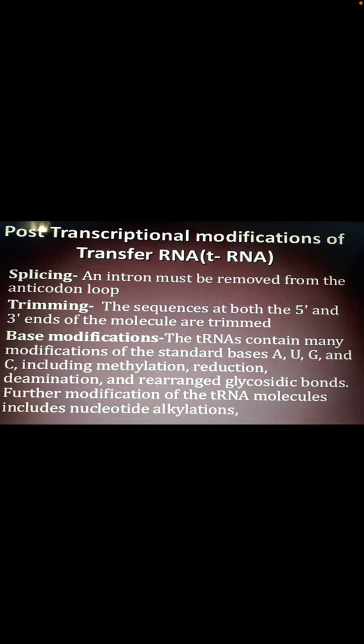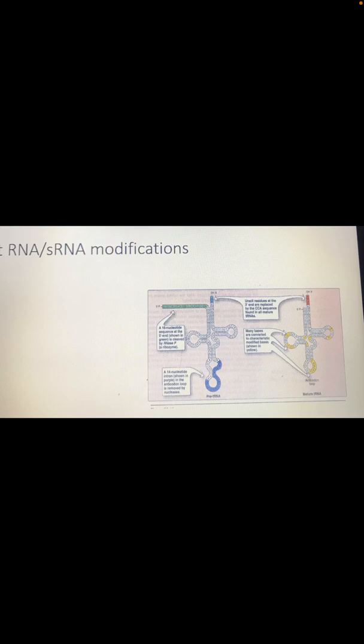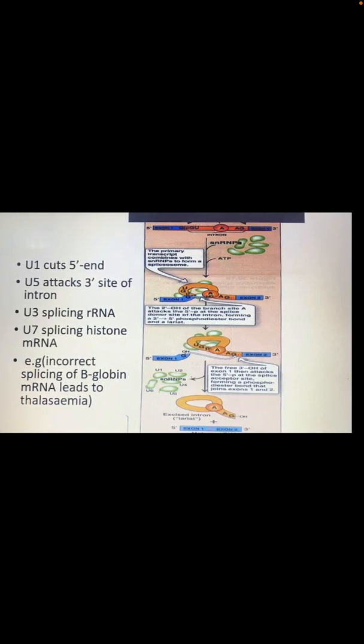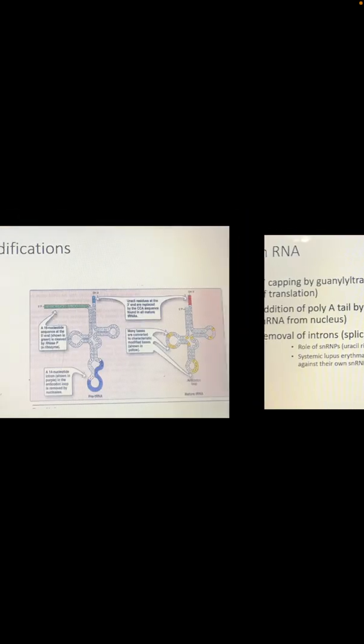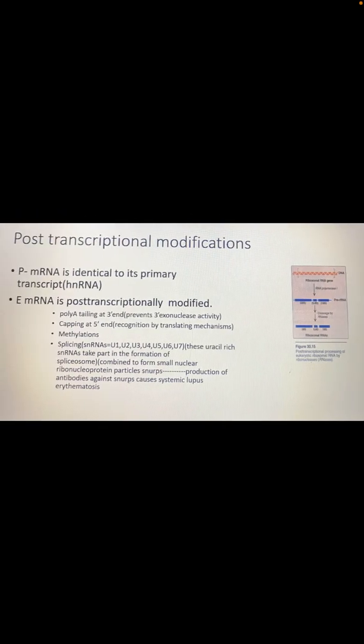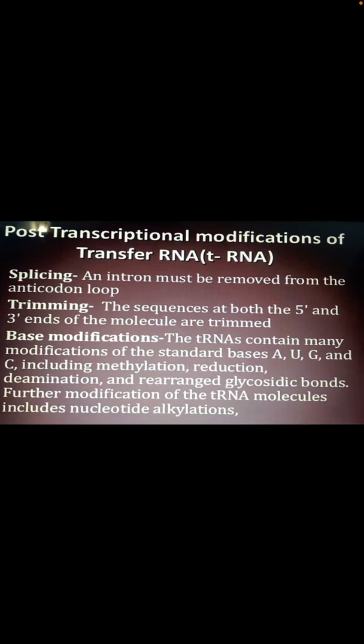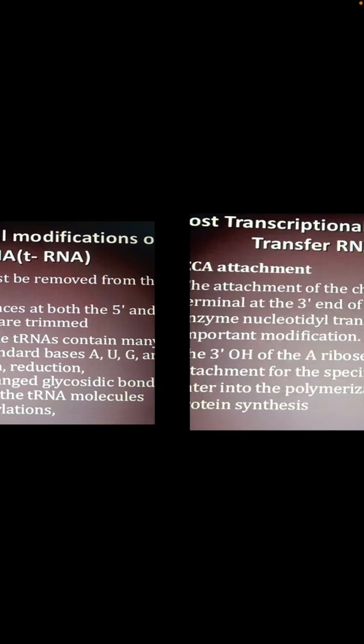So transfer RNA is trimmed at both ends of its structure to get the mature transfer RNA. And when ribosomal RNA splicing occurs, we will get different types of ribosomal RNA in the form of 5.8, 28 and 5S ribosomal RNA.